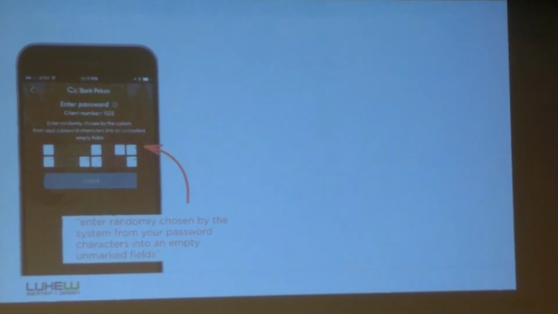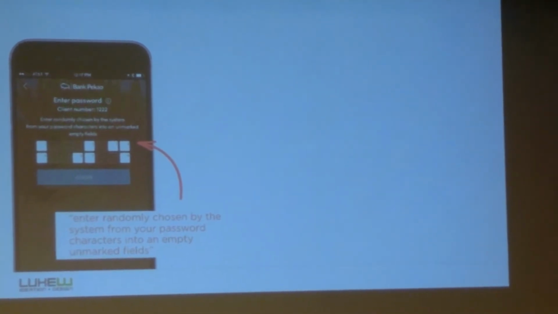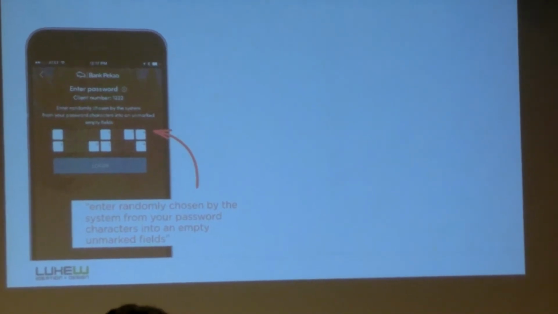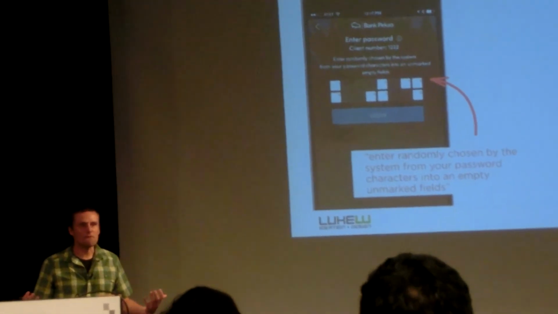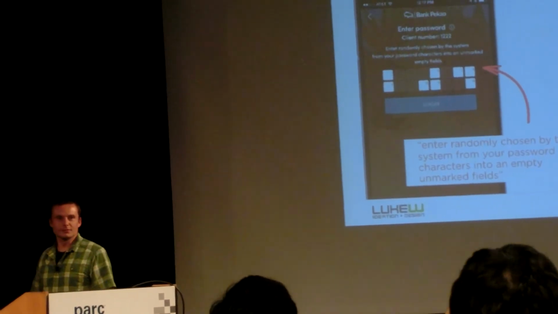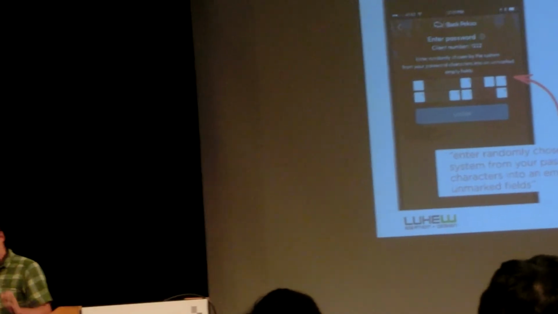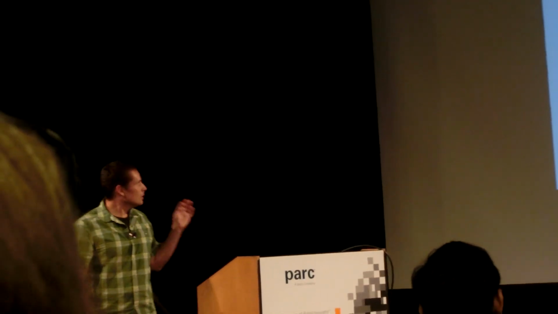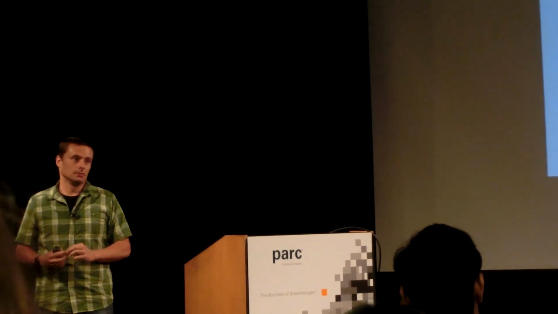And this is the text written on this screen. Enter randomly chosen by the system from your password characters into an empty unmarked fields. Why? What is this monstrosity? Worst of all, you try to figure it out, you fail 3 times, and they're like, you're locked out.